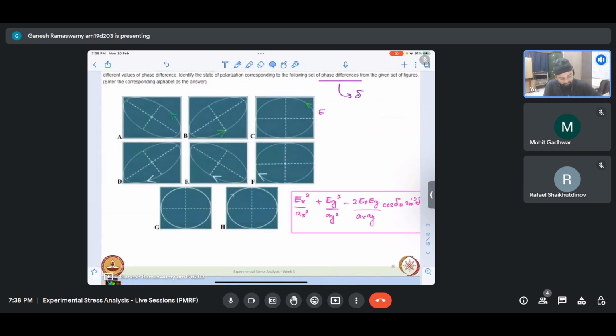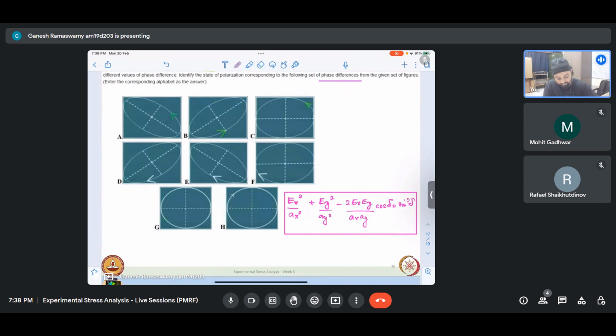Yeah. So what we observe here is that the retardation introduced by some optical element, a crystal plate, or our model will depend on delta. What is the retardation introduced determines how our light ellipse would look.